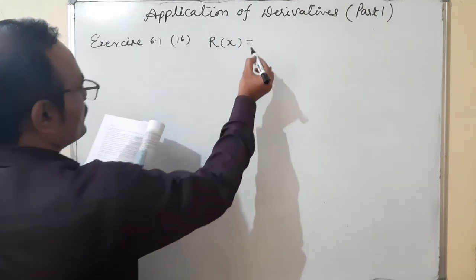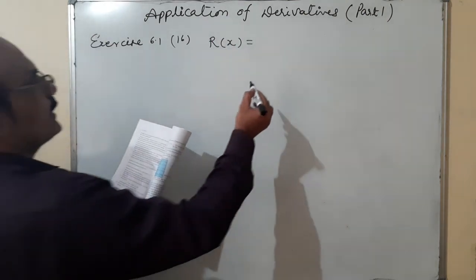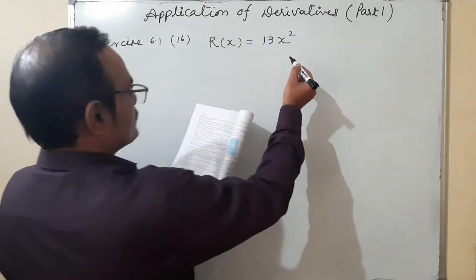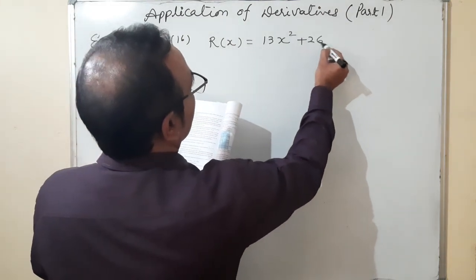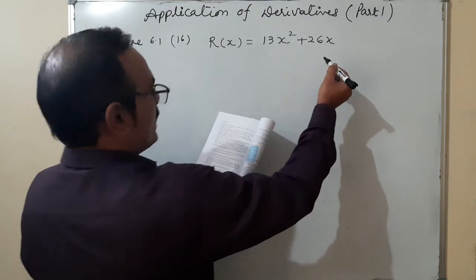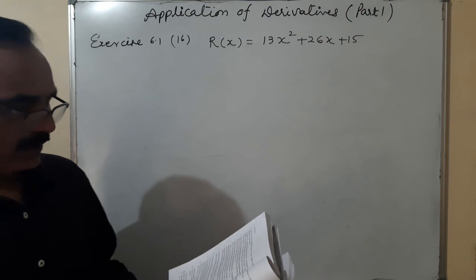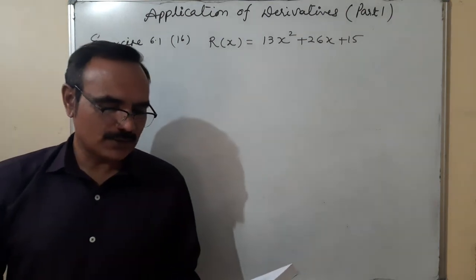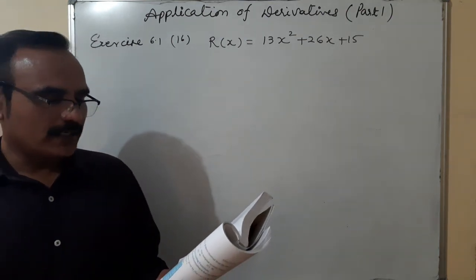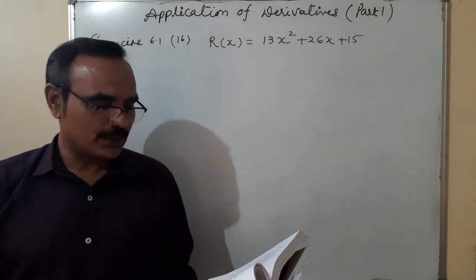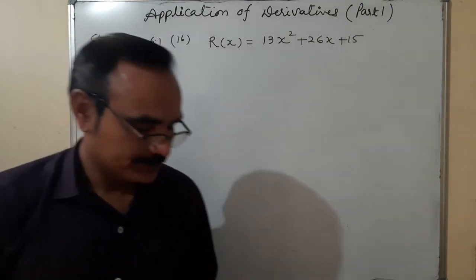This is the revenue equation. R(x) is equal to 13x square plus 26x plus 15. Find the marginal revenue when x is equal to 7.